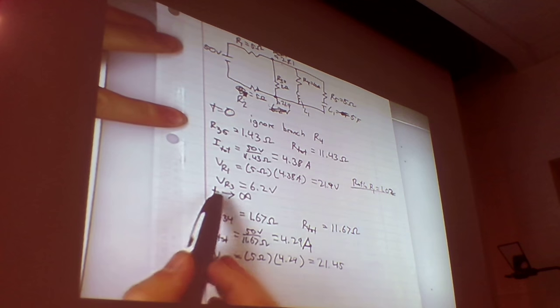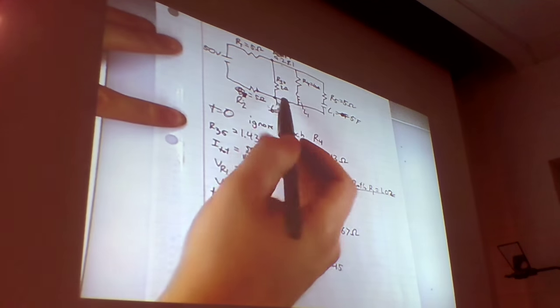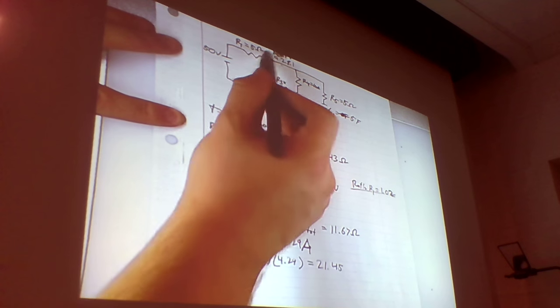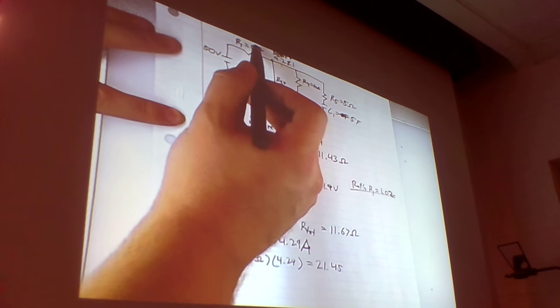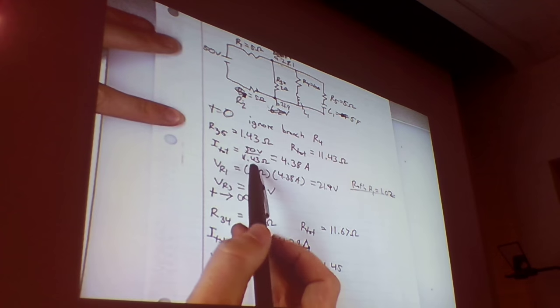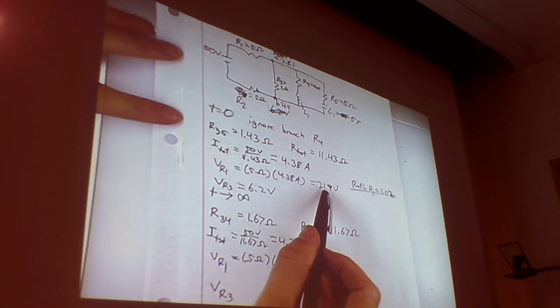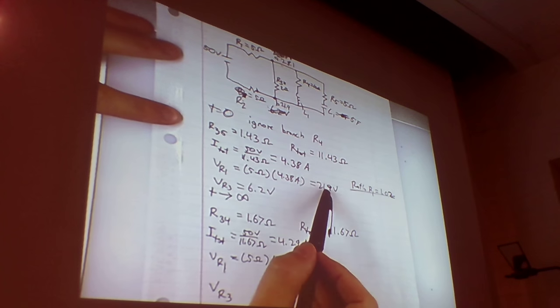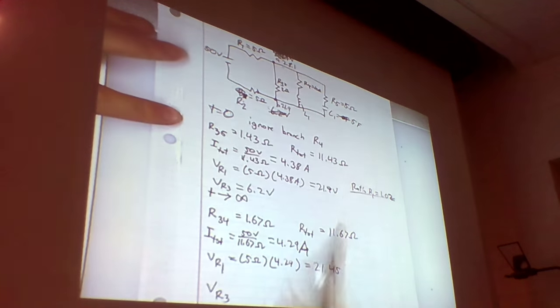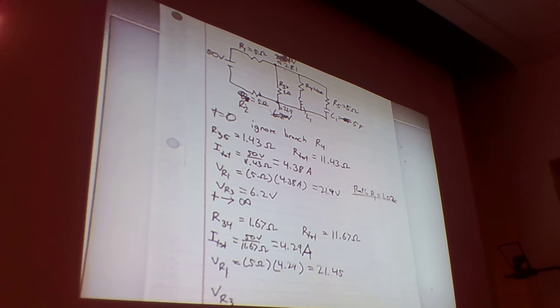To find the voltage across R3, you need to find A and B. The voltage at A is just 50 volts minus 5 times 4.38, which is 21.9. So 50 minus 21.9 is 28.1 volts.